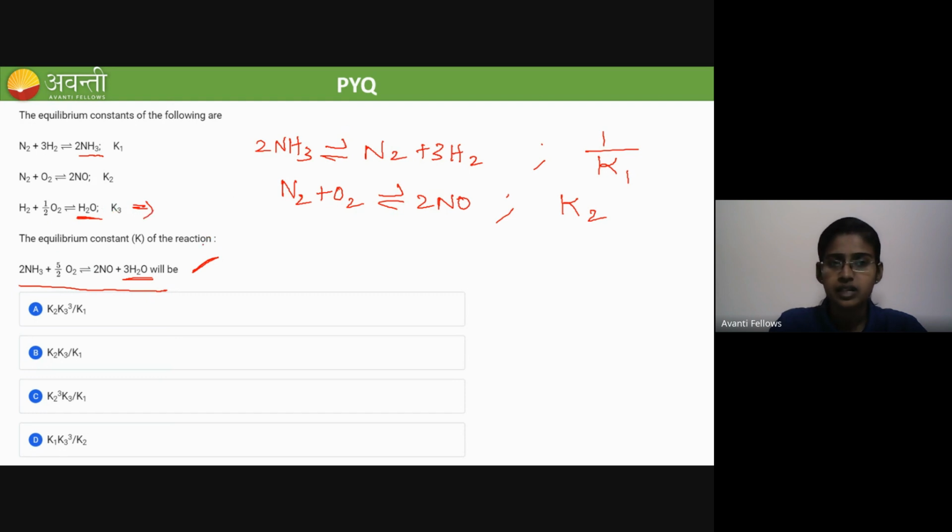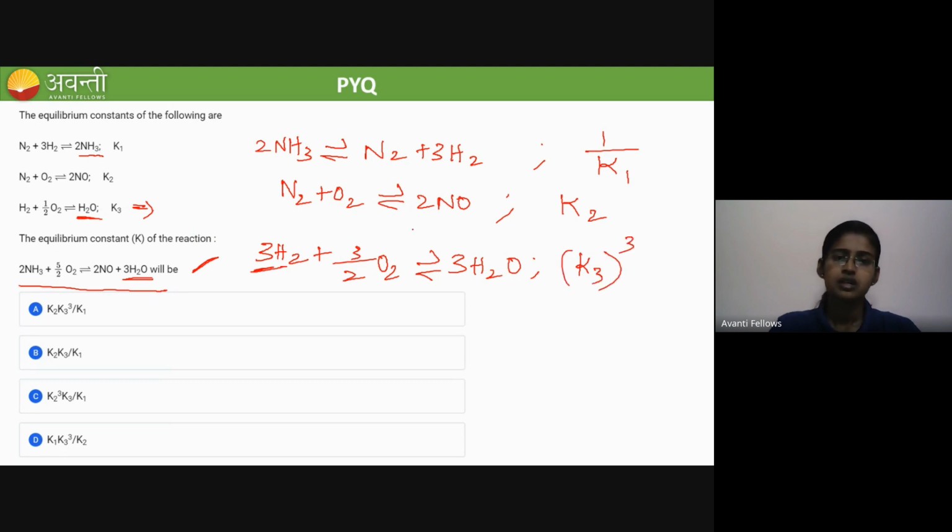I will get 3H2 plus 3 by 2 O2 in equilibrium with 3H2O. If I multiply a reaction by a number n, the equilibrium constant has to go to the power n. Since I have multiplied this by 3, it is K3 power 3. Okay.